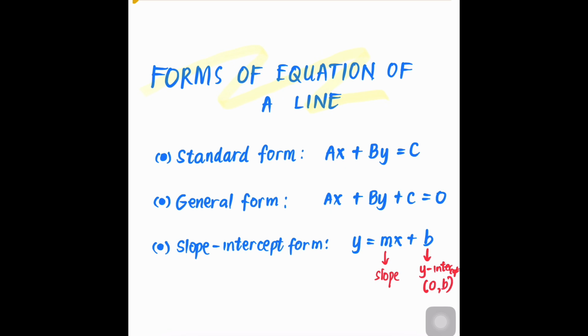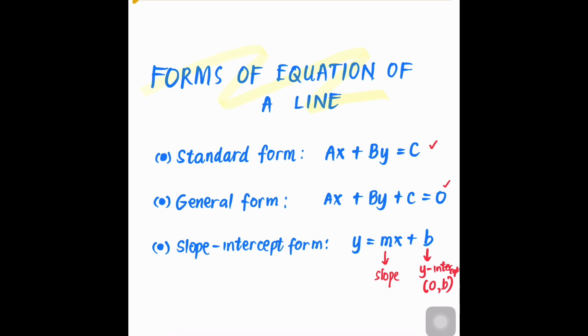Now, going back to standard form and general form, here the values of a and b must not be equal to 0, because technically if a is equal to 0, definitely this will be gone, and if b is 0 also, it will be gone. Okay, and another thing for standard form and general form, there is a rule.